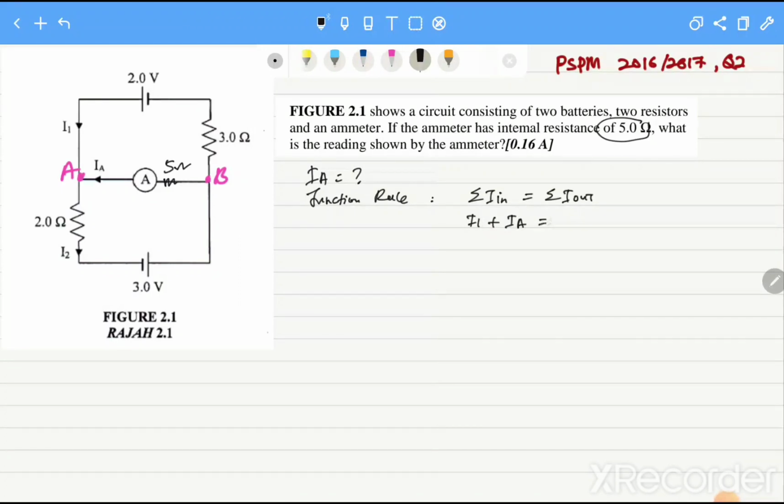Meanwhile, the current that goes out from the junction is current I2. So we rearrange the equation. Because we have 3 unknown variables, I1, IA, and I2, we need 3 equations. So this is the first equation.